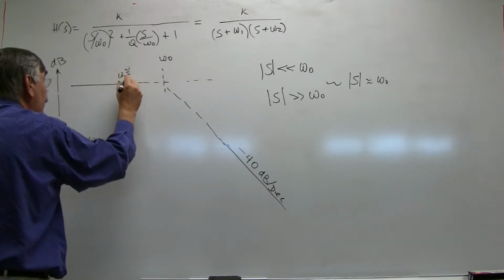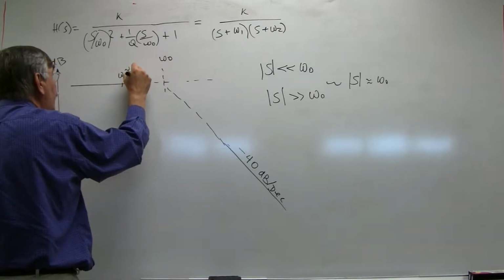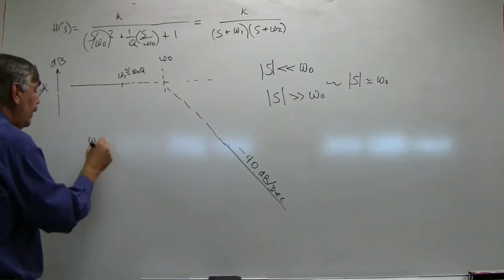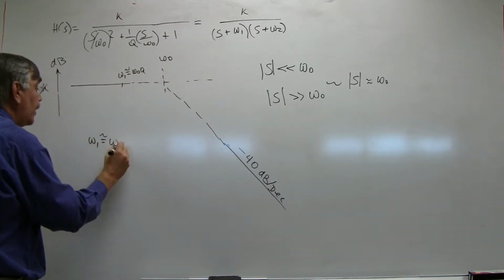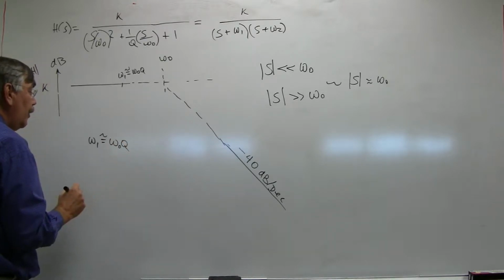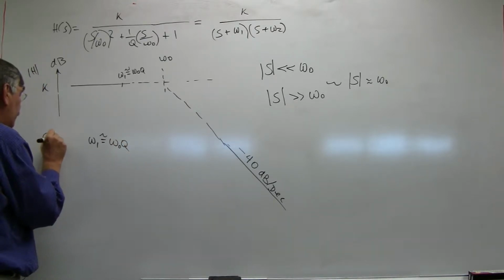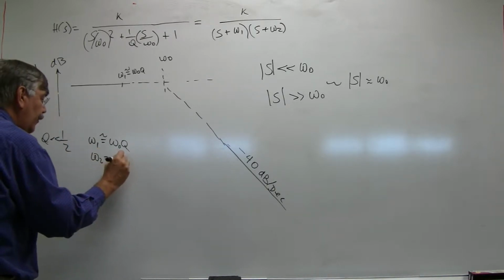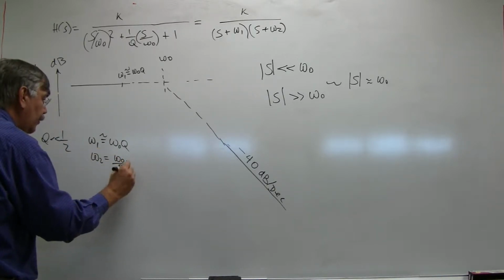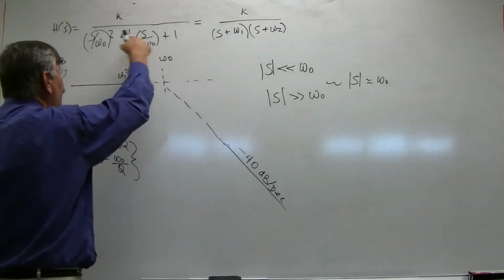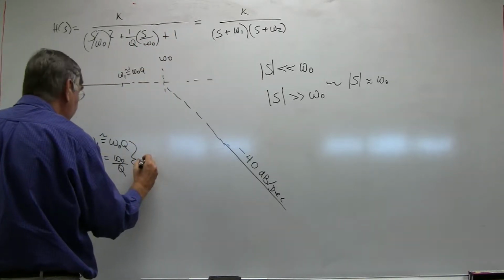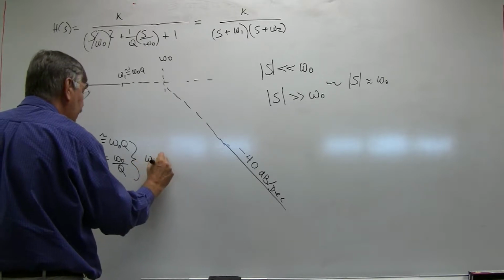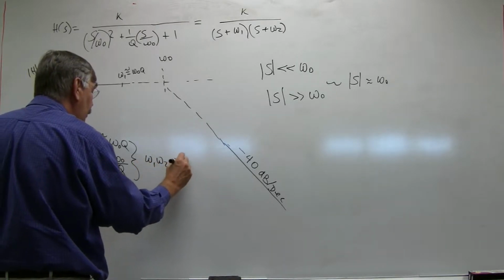Omega 1, for small values of Q, is approximately omega naught times Q, which is much less than omega naught, for Q much, much less than 1/2. And omega 2 is omega naught divided by Q, such that, as you can see if you multiply this out, no matter what Q is, omega 1 times omega 2 has to equal omega naught squared.